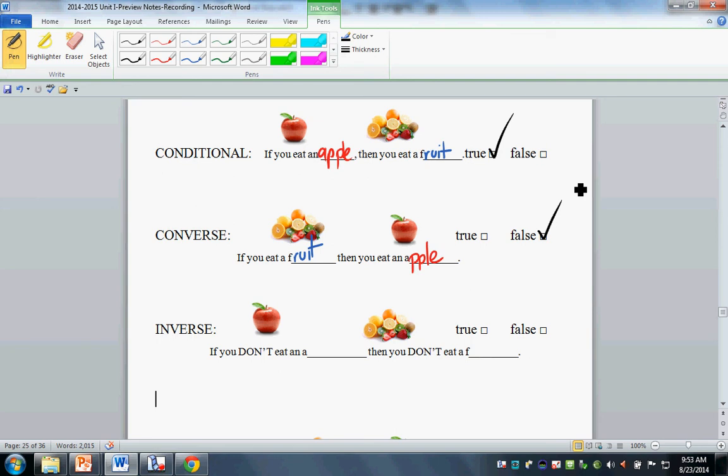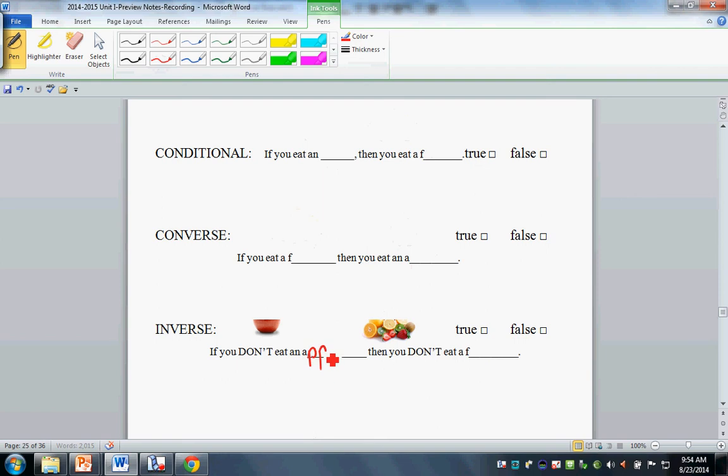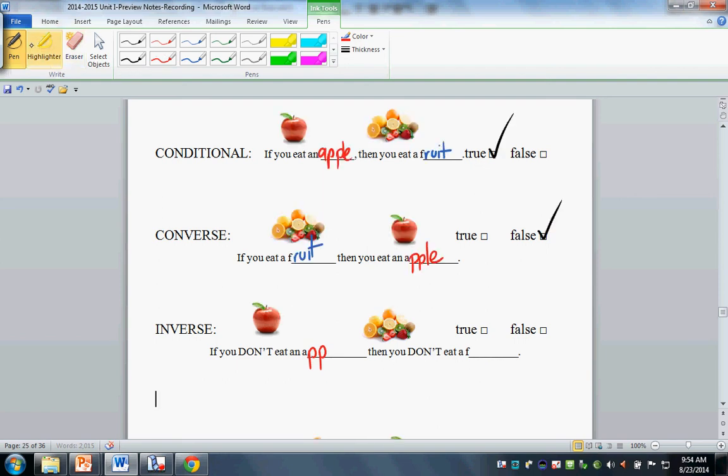Okay, remember the original is apple and then fruit. The inverse says if you don't eat an apple, then you don't eat a fruit.